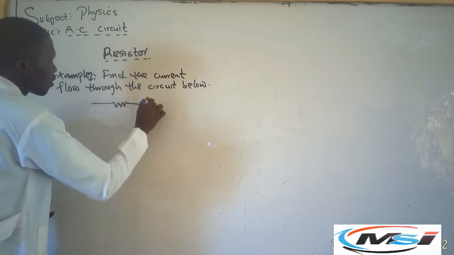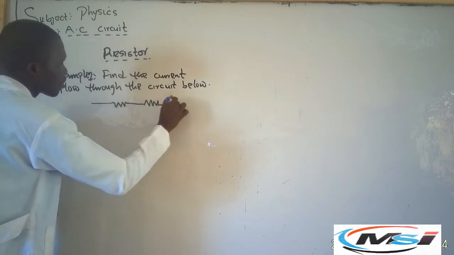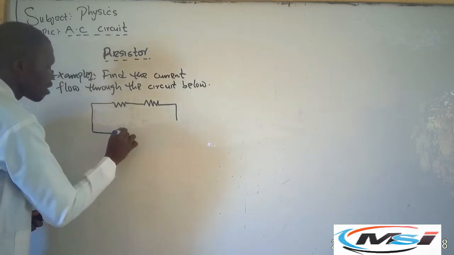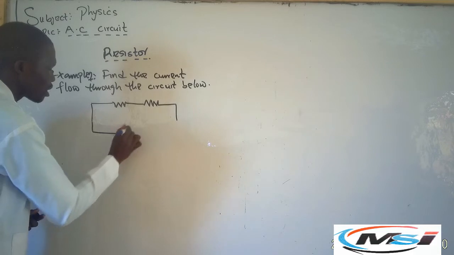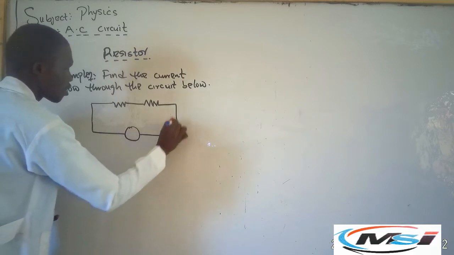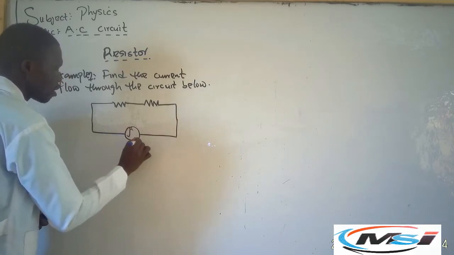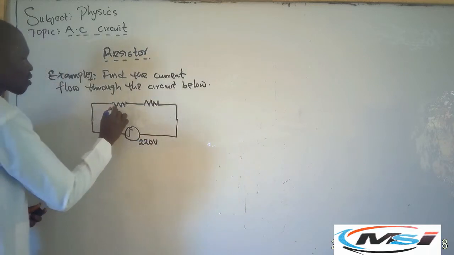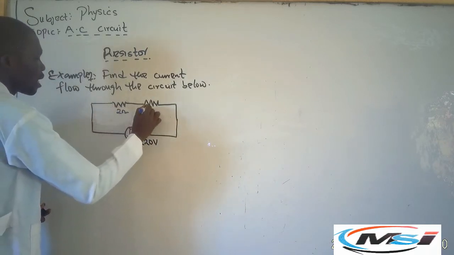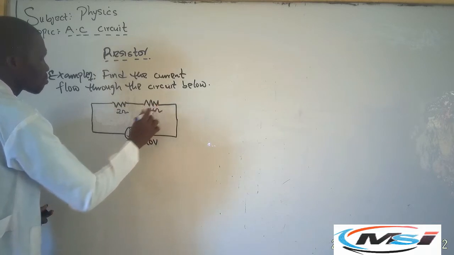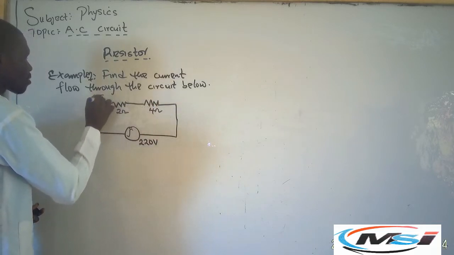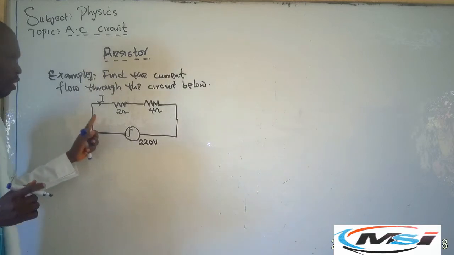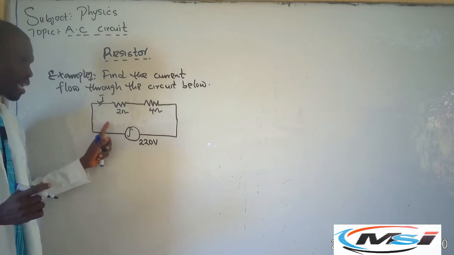Okay, another resistor. Then you have a voltage here, let's say 220 volts, and you have 2 ohms and 4 ohms. This is current. We want to find the current flow through this circuit.